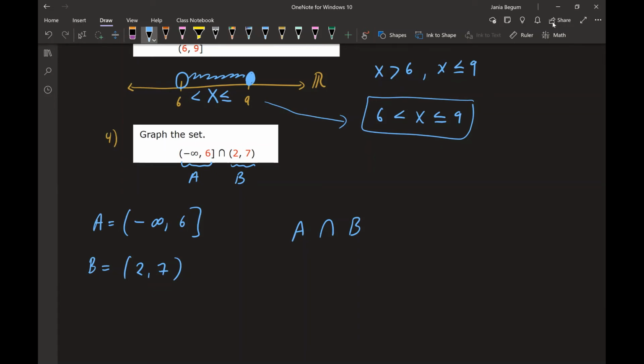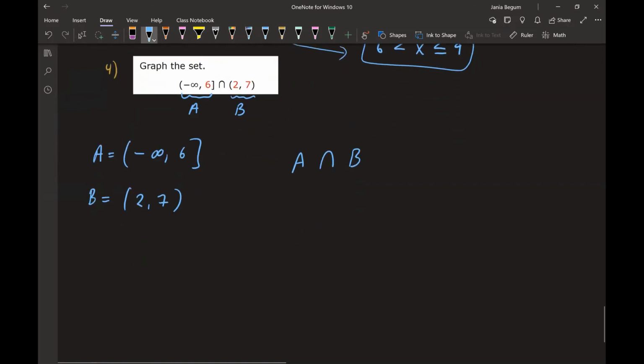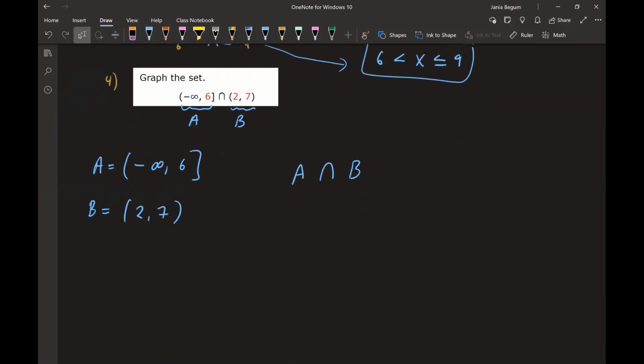And again, we said intersection means what do they have in common? Now, if you have something like this, you always want to draw it. So let's draw both of these sets and find out what they have in common. So A is going to be -infinity to 6, including 6. So let's suppose 6 is here and it's included, right?